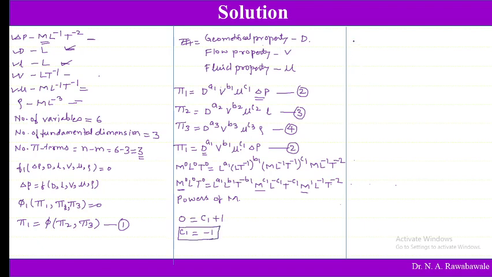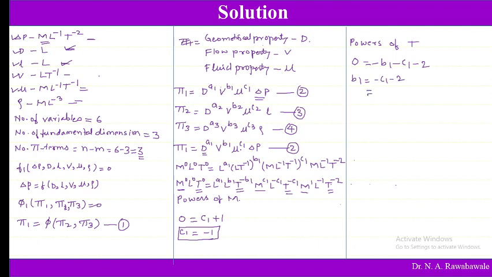So now we collect powers of T. On the left hand side, 0 is equal to minus b1 minus c1 minus 2, or b1 is equal to minus c1 minus 2.